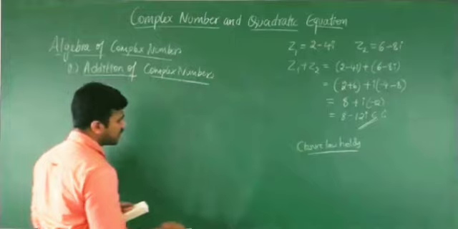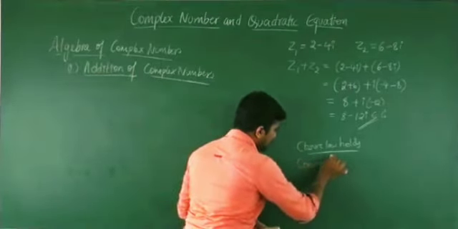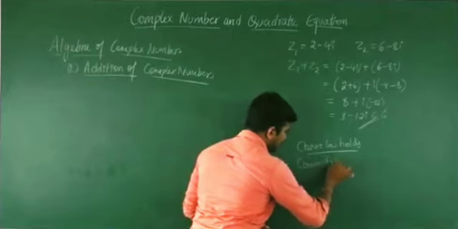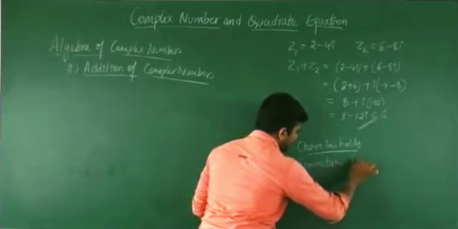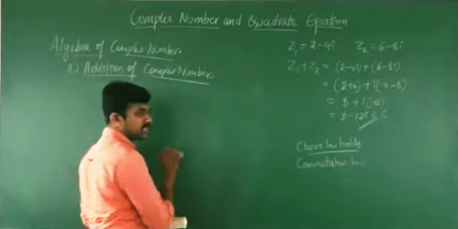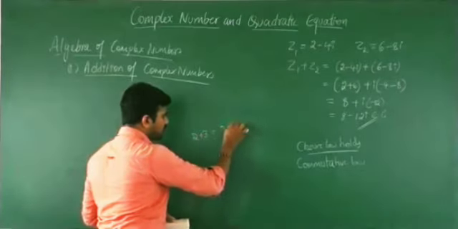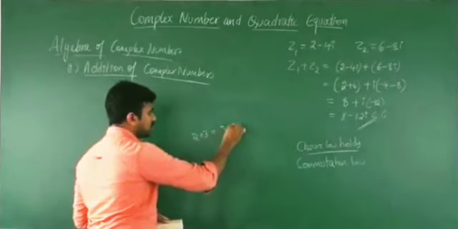Similarly, the next one, as I said, is the commutative law. How does it hold? What is meant by commutative law? If you consider any numbers, 2 plus 3 should be equal to 3 plus 2.